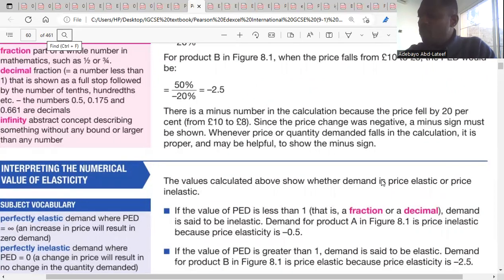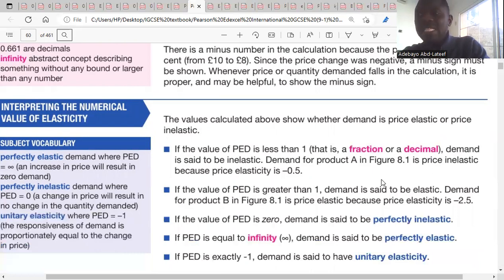If your answer is less than 1, if price elasticity of demand is less than 1, we'll say that demand for such product is price inelastic. If the price elasticity of demand is greater than 1, we would say the demand for the product is price elastic, such as this.